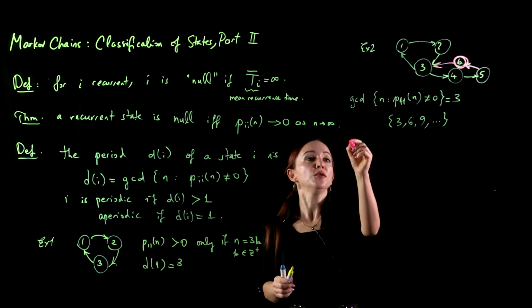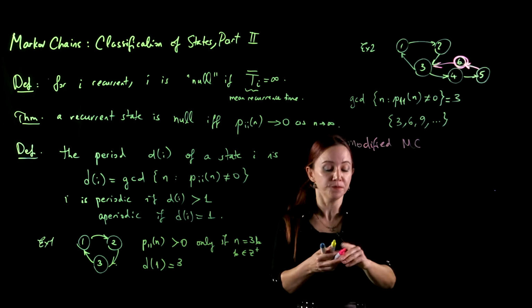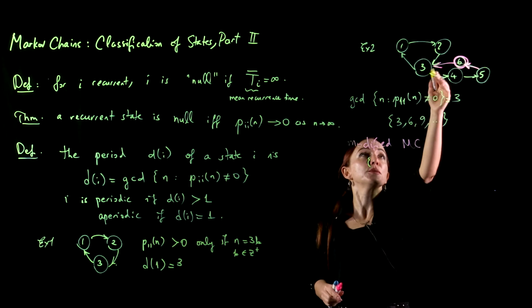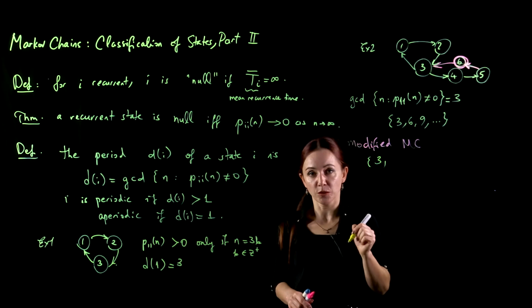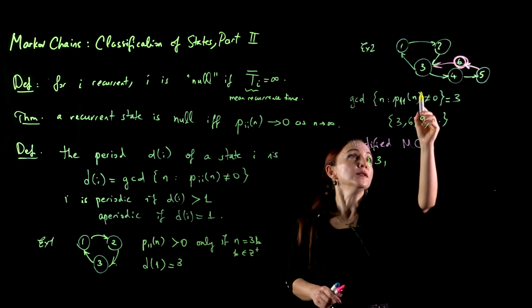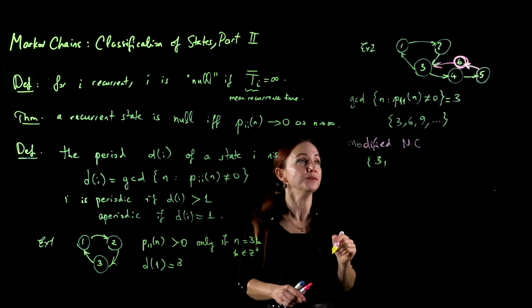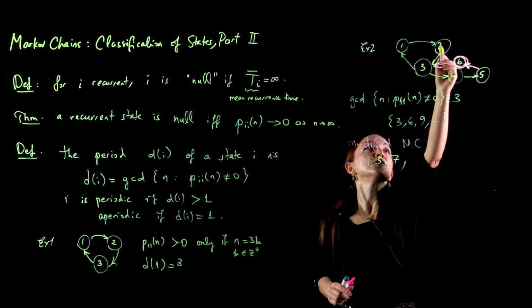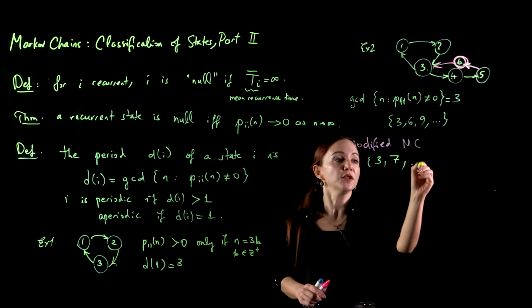So in the modified Markov chain, we have, let's see, possible ways of going from 1 back to 1. So we can go from 1 back to 1 in 3 steps, or 3 plus 4, 7, say 1, 2, 3, 4, 5, 6, 7, and so on.